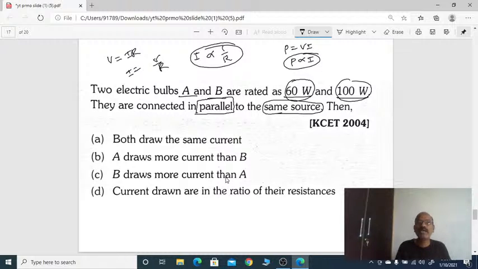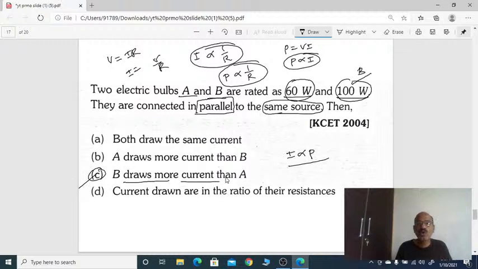Here I is proportional to V by R, so I can write power is proportional to 1 by R. In parallel, the bulb which has higher power will draw more current, so I is proportional to P. Keep in mind, in parallel bulb connection, higher power will draw more current. Which is higher power? B bulb has more power. So option C.